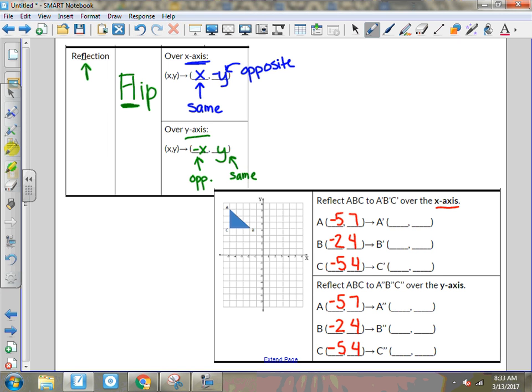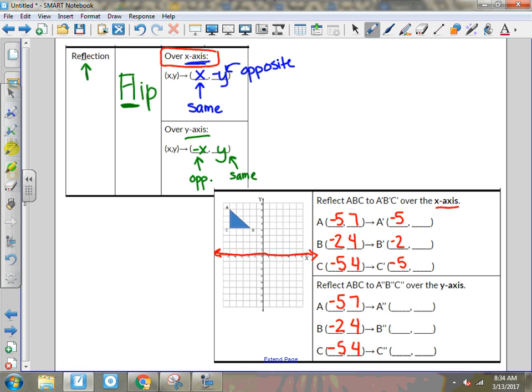All right. So that first example, it says to reflect ABC over the x-axis to find that single prime. So remember, our x-axis is that horizontal line. So I'm going to draw that over just to make it extra clear in my notes. So remember, x-axis, my x stays exactly the same. So all of my first coordinates here, -5, -2, and -5, are going to stay the same, but my y's are going to turn to their opposite.